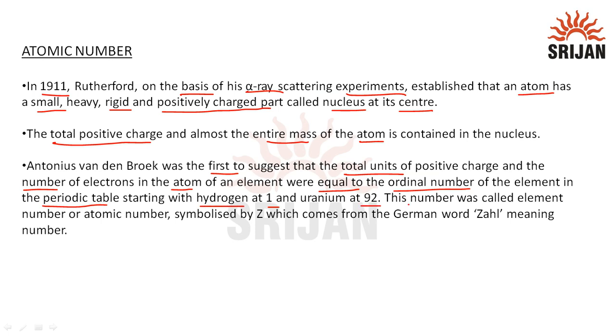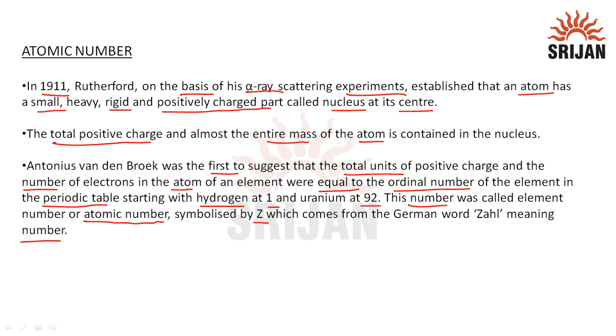So this number was called the element number or simply atomic number, which is symbolized by Z, which comes from the German word Zahl, that means number. So from here the discovery of atomic number took place.